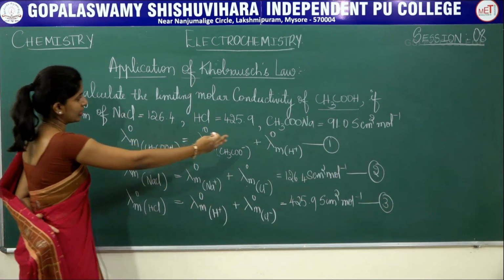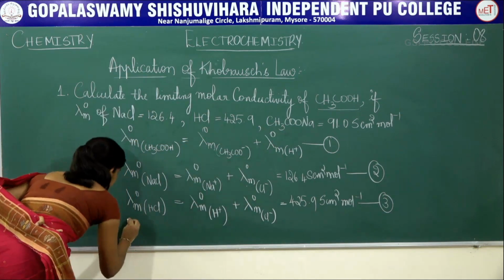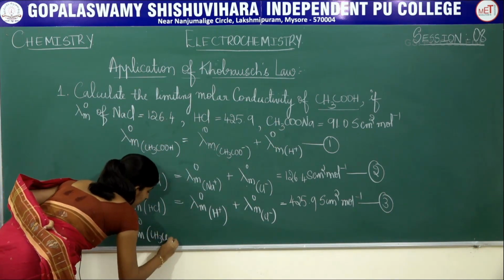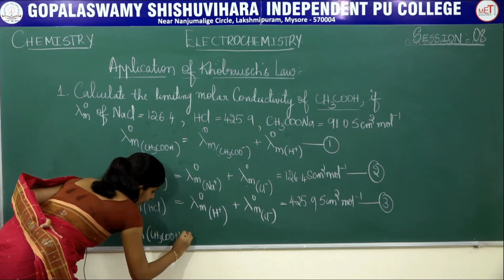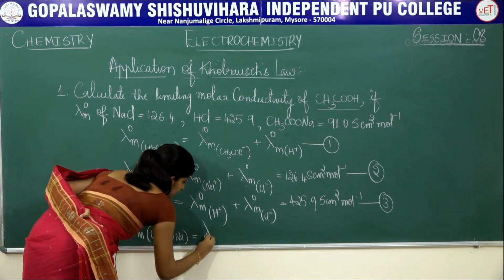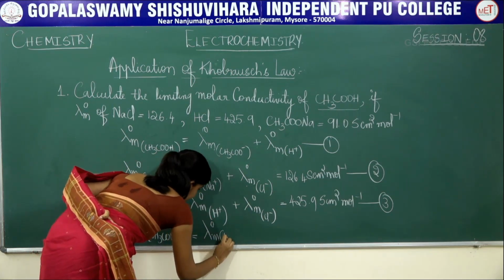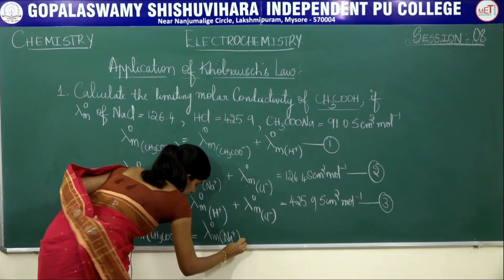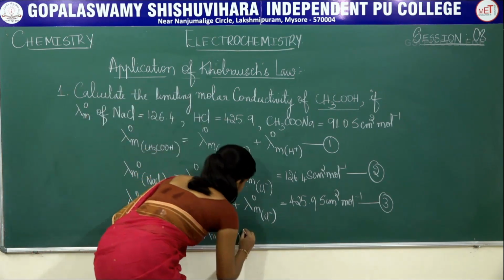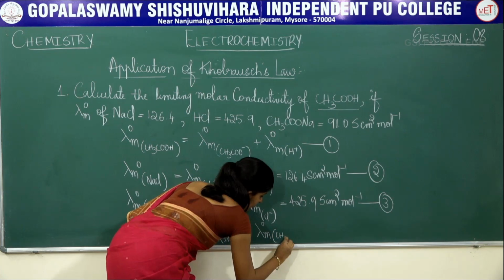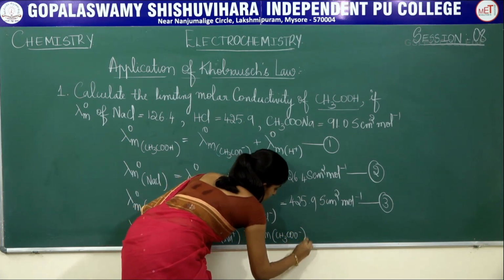The last strong electrolyte is sodium acetate, that is lambda m naught of CH3COONa is equal to lambda m naught of Na plus plus lambda m naught of CH3COO minus.